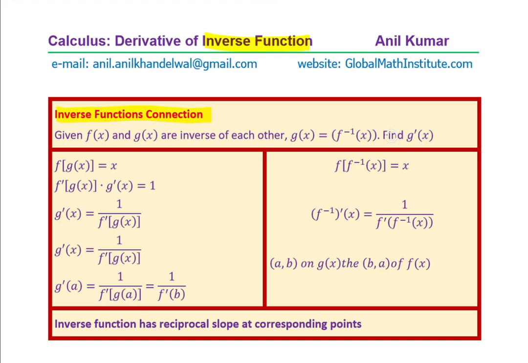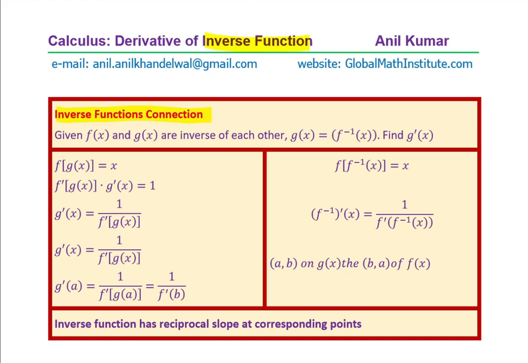And what you need to find is the derivative of g of x. Now, g of x is the inverse of f of x. So these are inverse functions. How do you, in general, find the derivative of an inverse function? That is what we are going to look at now. And then we'll apply these strategies on trigonometric functions, right?